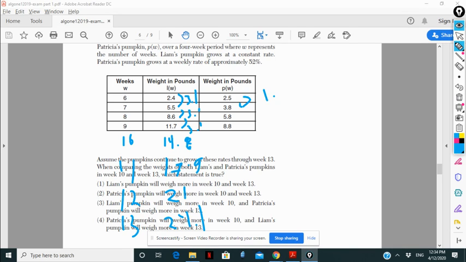So if you multiply by 1.52, it gives you the next number. Now I'm going to multiply by 1.52.